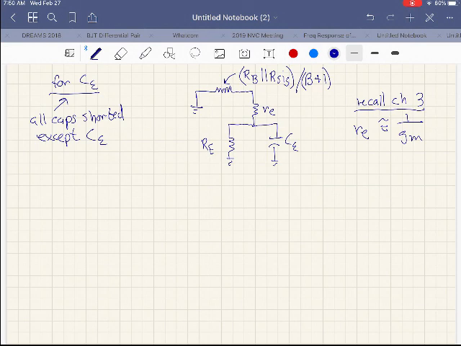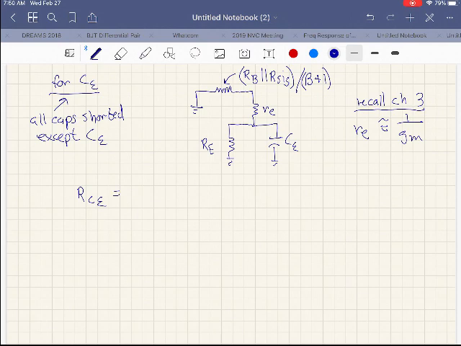Okay, so we can do the same thing we did for CC1. We can say RCE, the resistance that CE sees.